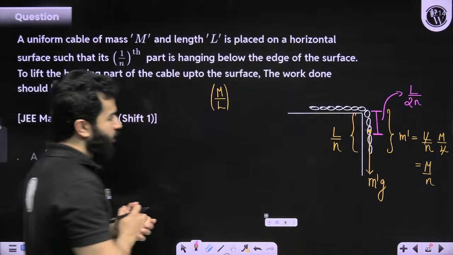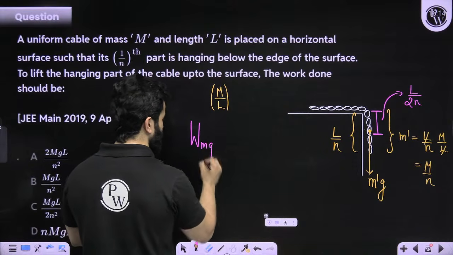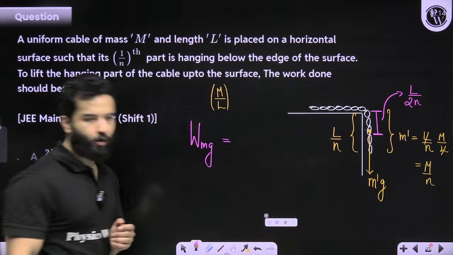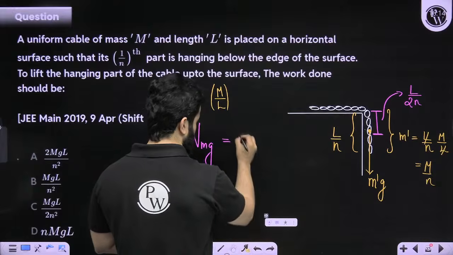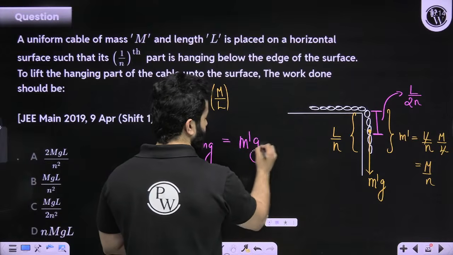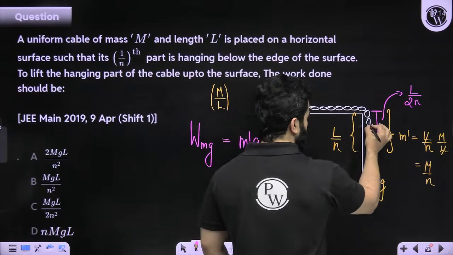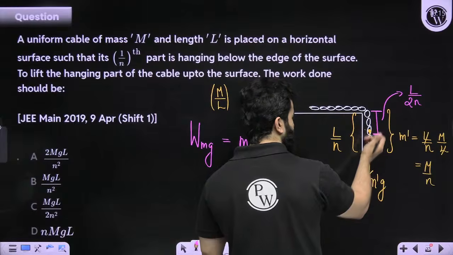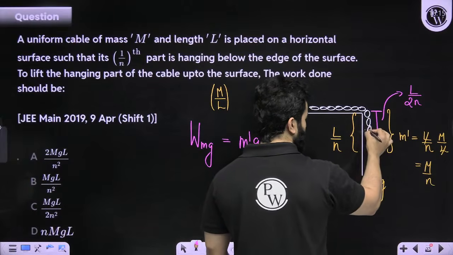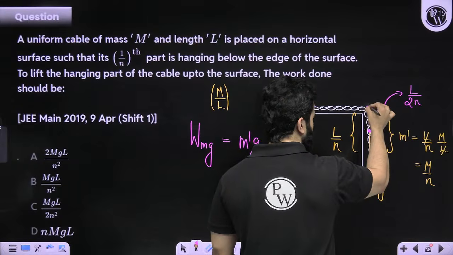So we are going to simply write down the work done by the mg force. Let's write down the magnitude of that. So that will be m dash into g times L by 2n, because if you want to lift this chain upward, then you want to move this center of gravity from this point to this point.